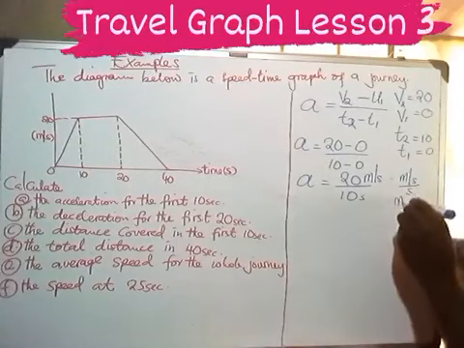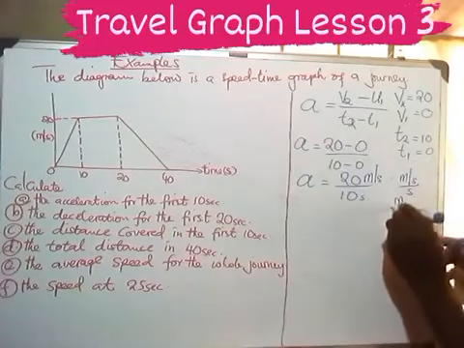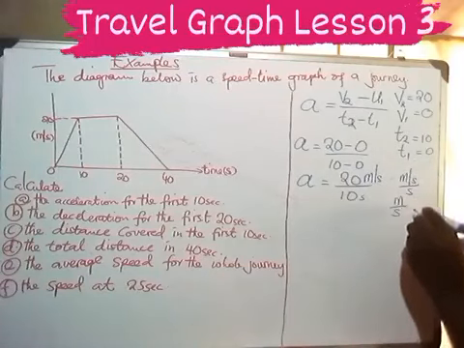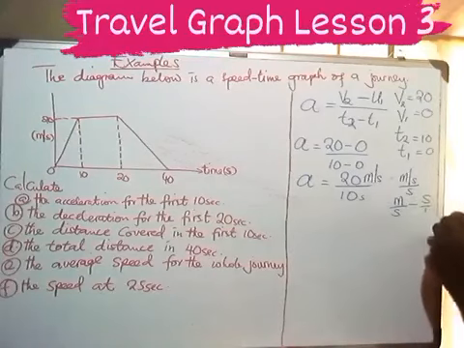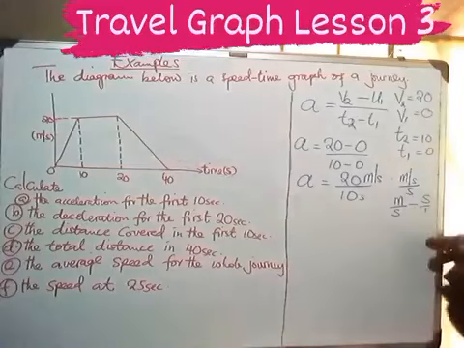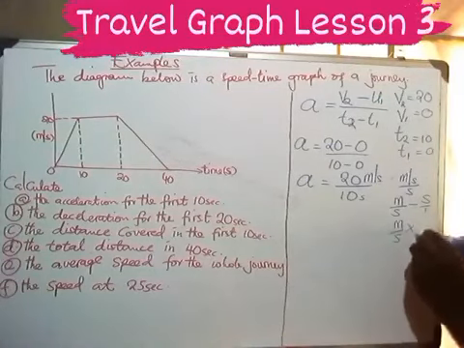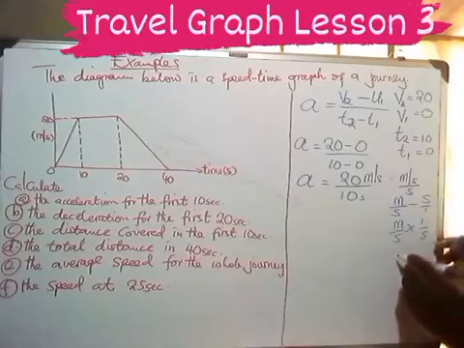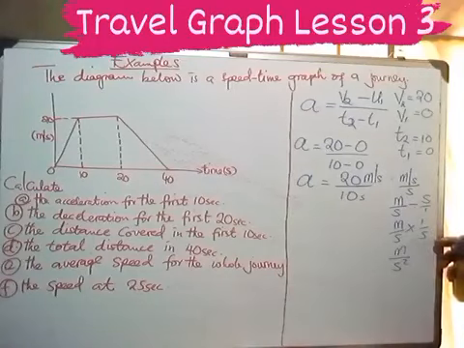Even the units divide themselves. When you are dividing m over s by s, I'll put a placeholder of 1, so this will be m over s multiplied by 1 over s. We are going to have m over s squared, because s multiplied by s is s squared.